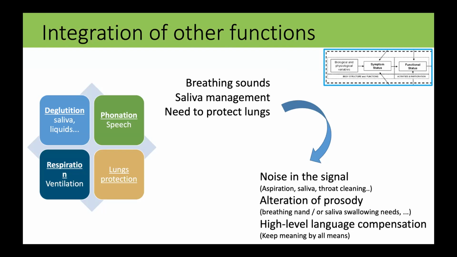We have saliva management, oral aspiration or aspiration in the lungs, and the patients need to protect the lungs. So there is some noise in the signal, alteration of prosody, linguistic facts, and compensation at the low or also high level of language.